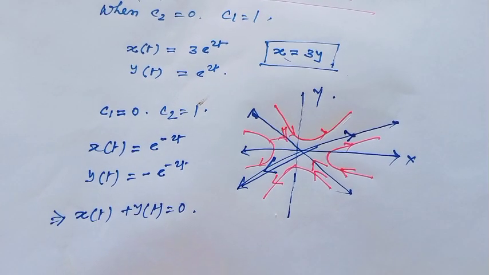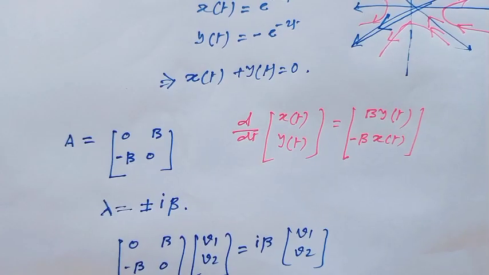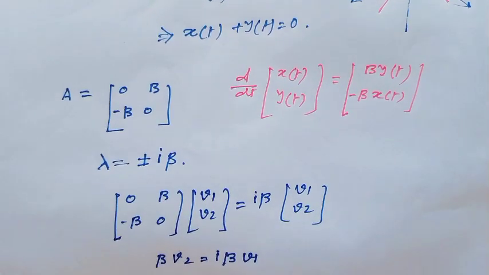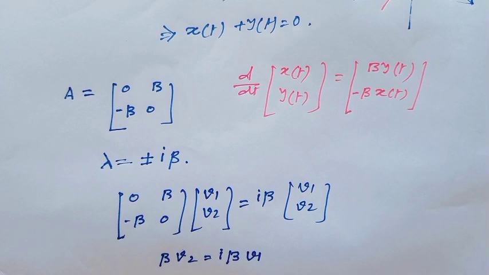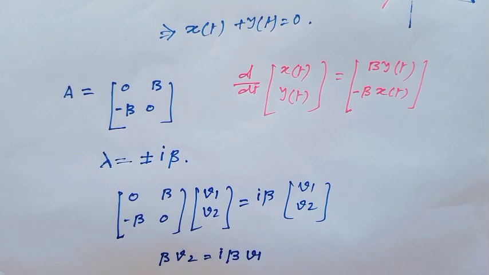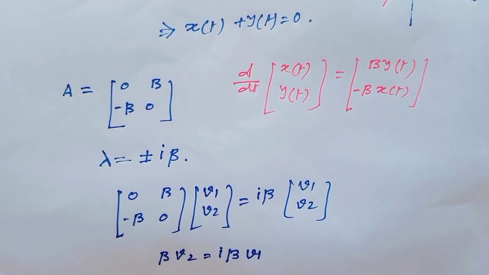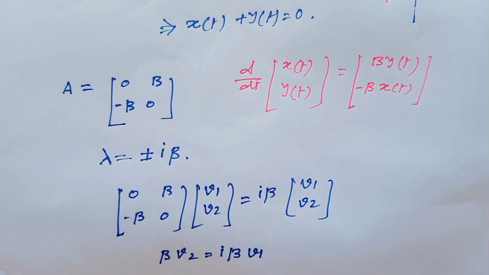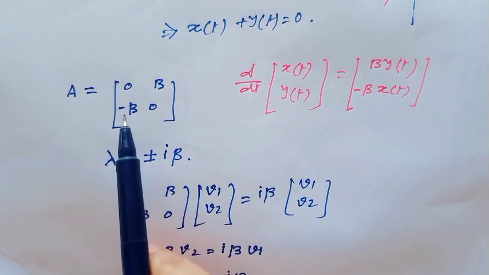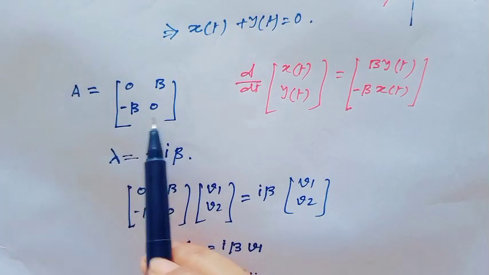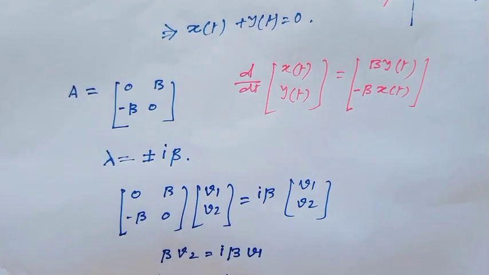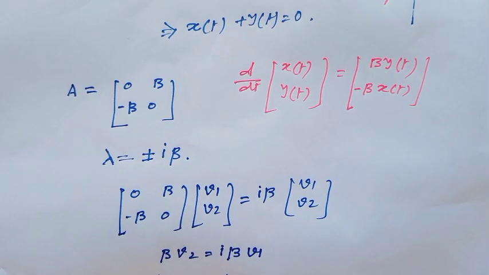Okay, our next example. Next I will see our second example. d/dt of (x(t), y(t)) equals (beta y(t), minus beta x(t)), and this generates one matrix A equal to (0 beta, minus beta 0), and the eigenvalues of this matrix would be plus minus i beta.